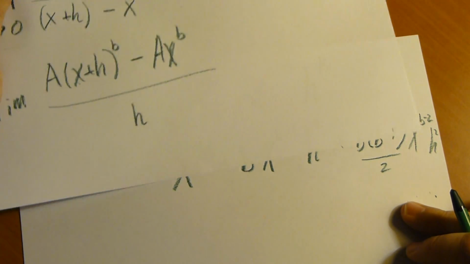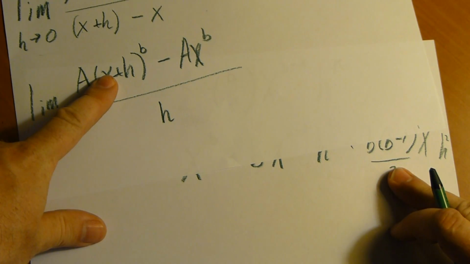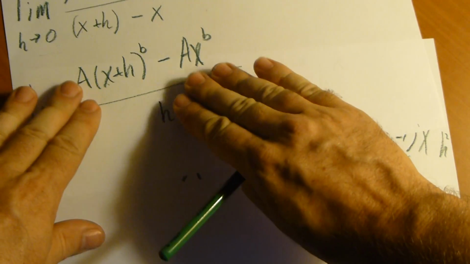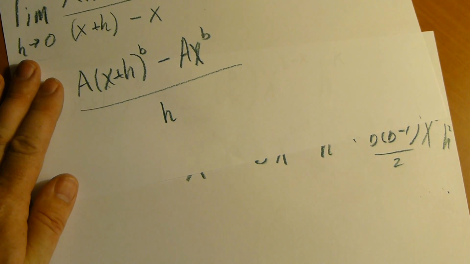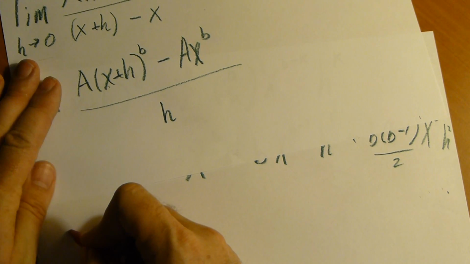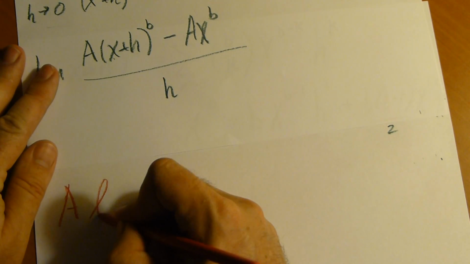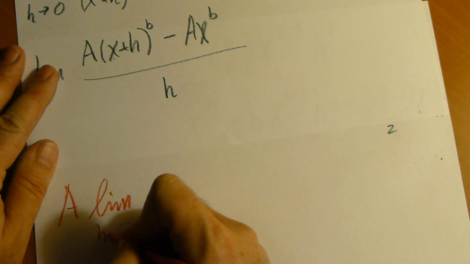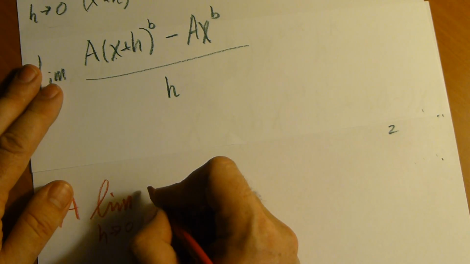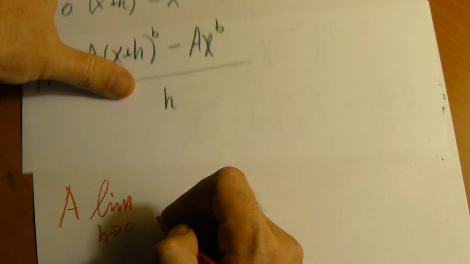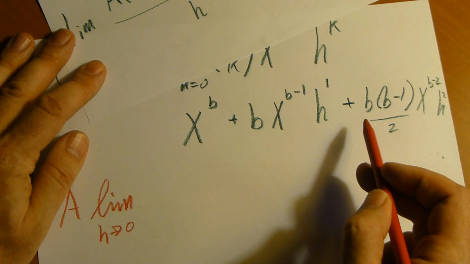So we take what we originally had, right here. First of all, let's get this a out of the way. The a is just complicating things. We'll pull the a out, and put our limit in. Limit as h goes to 0. We're going to replace this guy right here with this.